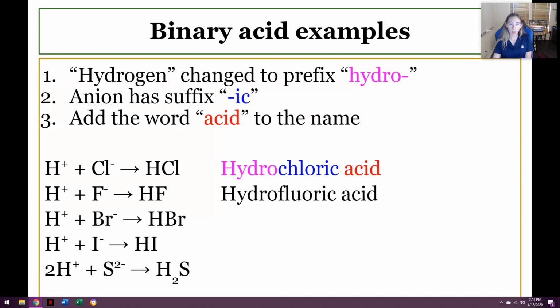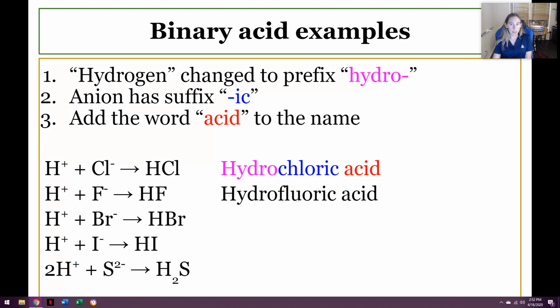Here's your example. If our anion is chlorine, which when chlorine is an anion with a -1 charge, it's actually called chloride. So when you have hydrogen ion and chloride forming this acid, HCl, you name it hydrochloric acid. HF, with your fluoride anion, you name the acid hydrofluoric acid.